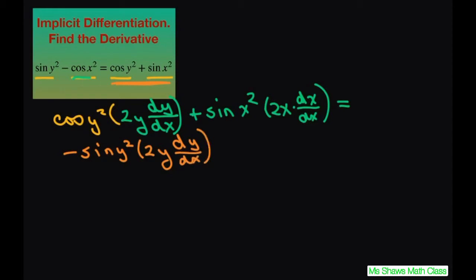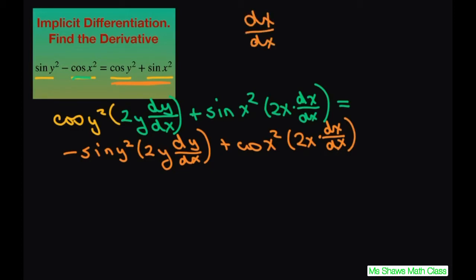And then derivative of sine x squared is cosine x squared times derivative of, using your chain rule, is going to be 2x times the derivative of x with respect to x, because that's what we have. Now, derivative of x with respect to x just equals 1. So we can actually cross these two out, because that just equals 1.